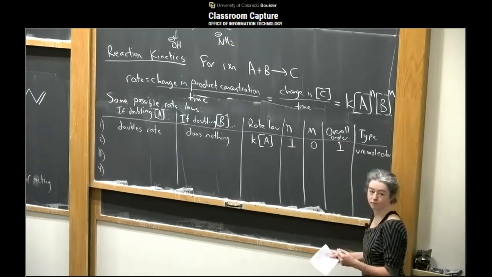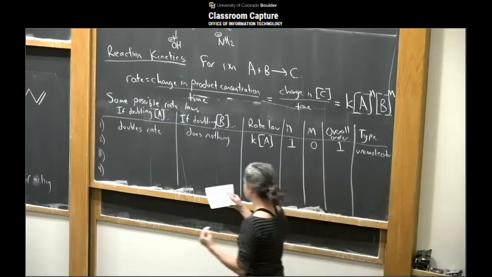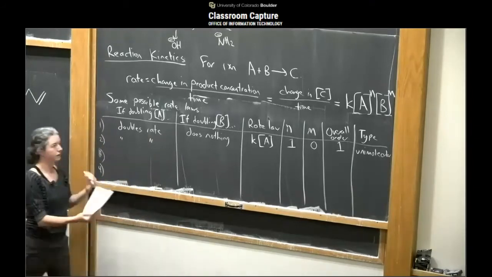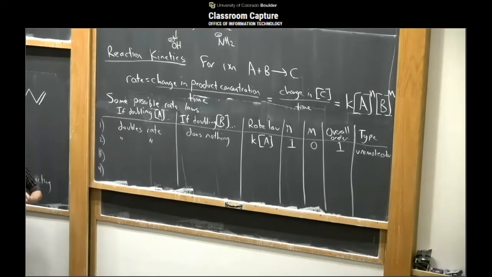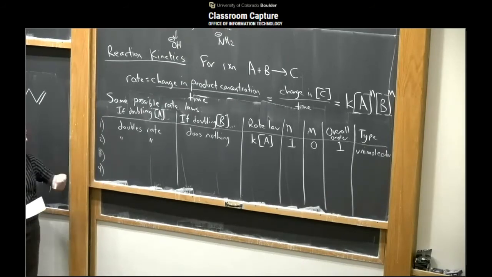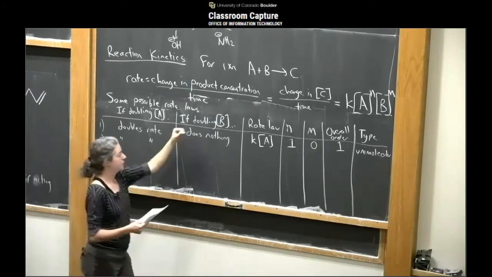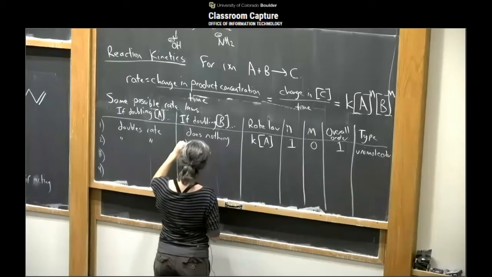Okay, all right, cool. So a few more examples here. Take a totally different reaction that also follows the A plus B goes to C pattern. And on this one, we're playing around with it in the lab. We figure out that doubling A also doubles the rate again, and doubling B also doubles the rate.